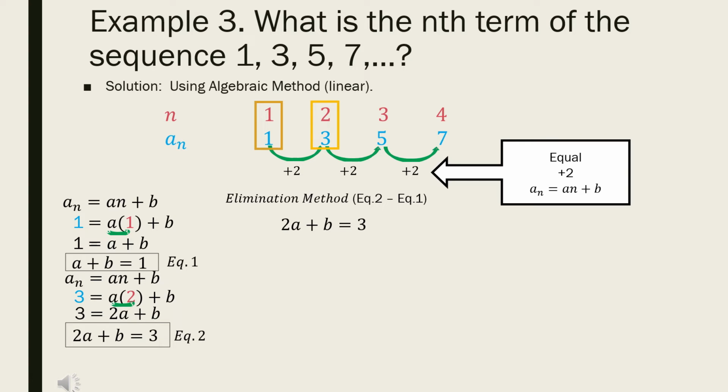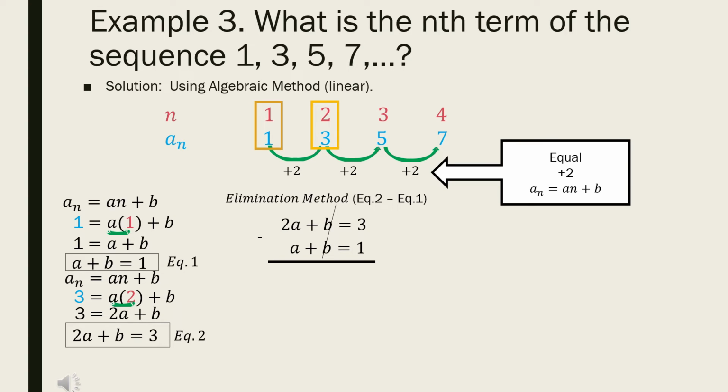You just write the obtained equation 2, so that would be 2a plus b is equal to 3. And then the equation 1, which is a plus b, which is equal to 1. And then subtract. So as we eliminate this, we can clearly see that the variable that will be eliminated is b, since b minus b is 0.